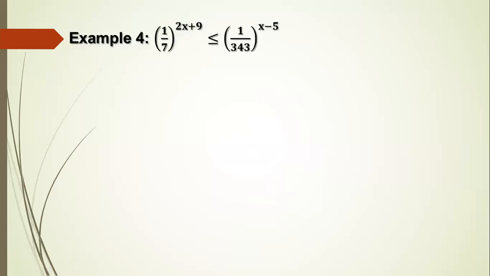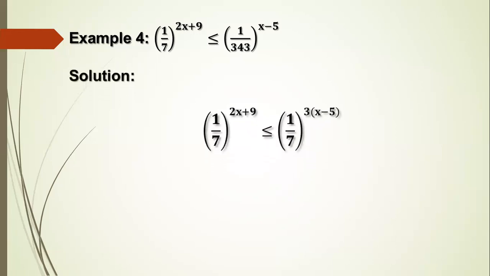And then for the next example, example number 4, we have 1 over 7 raised to 2x plus 9 is less than or equal to 1 over 343 raised to x minus 5. For the solution, we do the same thing we did in the exponential equations.